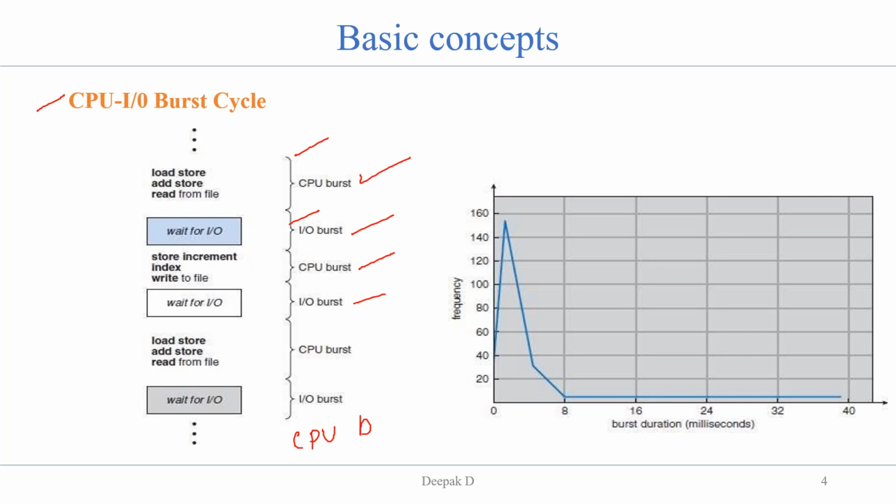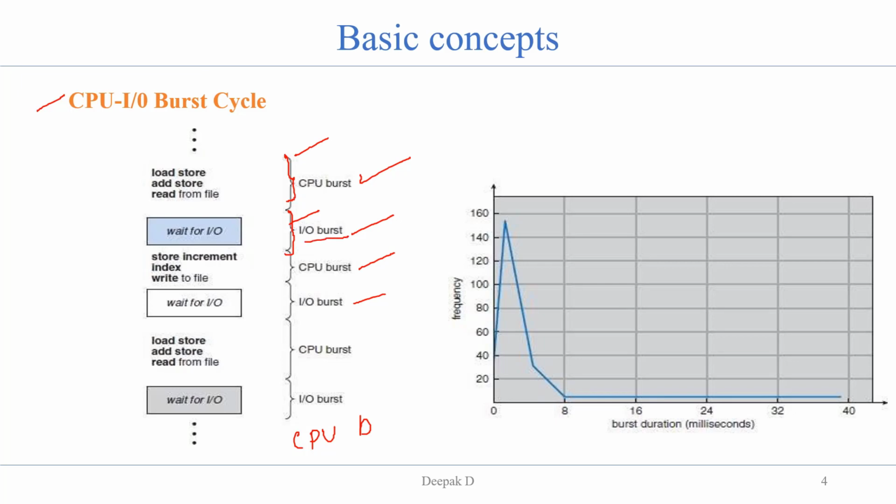The time spent on the CPU is called the CPU burst, and the time the process is waiting for IO operations is called the IO burst.